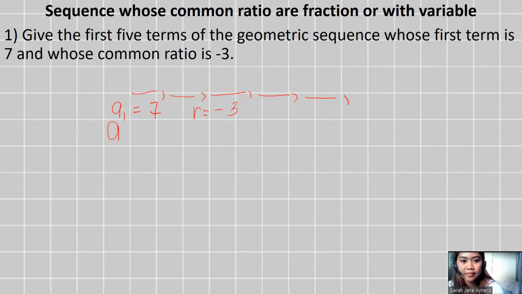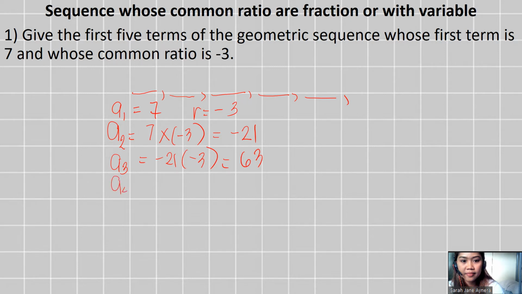Now, to get the a sub 2, or the second term, multiply your first term by the common ratio. So, that is equal to -21. To get your third term, second term times the common ratio, and this is equal to 63.